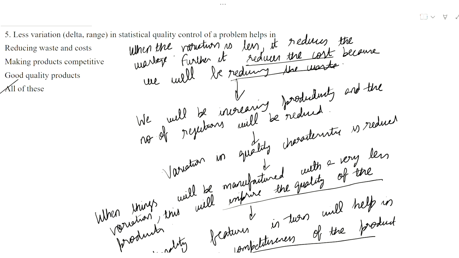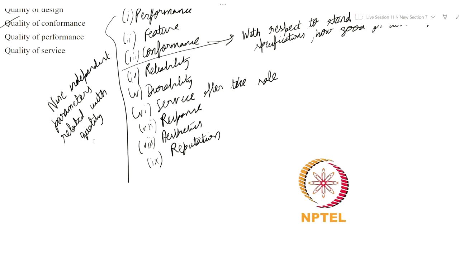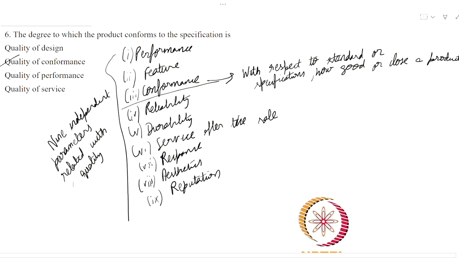So we will be increasing the productivity and the number of rejections will be reduced. Thus the deviation in quality characteristics is reduced. Now these are the 9 performance quality standards.